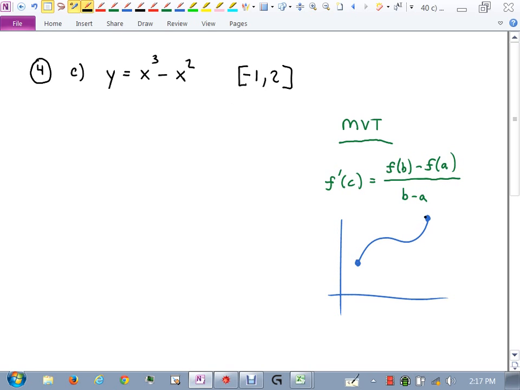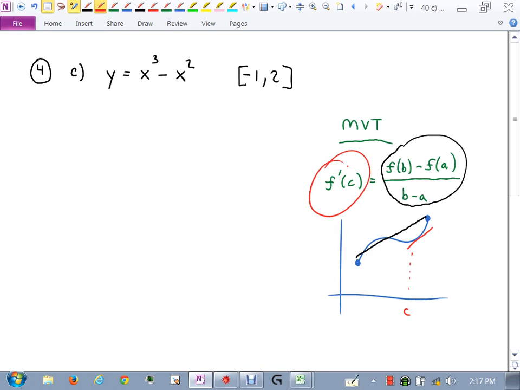There's a line that connects these two. The slope of that line is the right side of this equation. And the left side is that there's some point in here where the slope of the tangent line, the derivative, is equal to the slope of that black line. That's what the mean value theorem guarantees you.